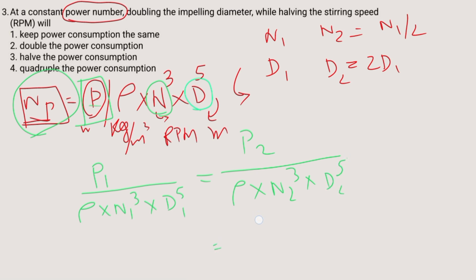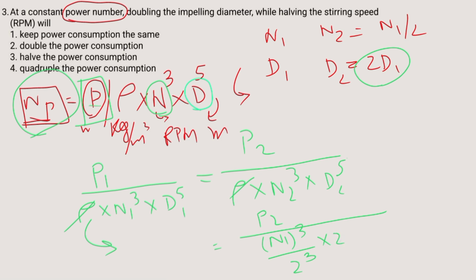Here you can write P2 equals, rho will be cancelled out, N2 equals N1 by 2, so (N1 by 2) to the power 3, that is N1 cubed by 2 cubed, into D2, that means 2 D1 to the power 5.